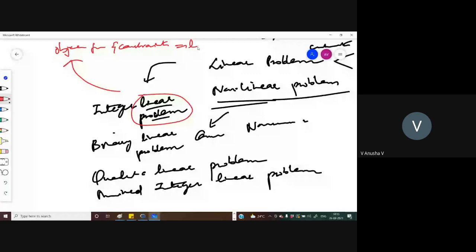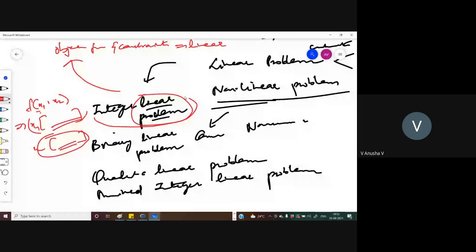and suppose if I am considering f of x1, x2, then I can say x1 will be having a set of integer values and x2 also will be belonging to set of integer values. It will not belong to all the other values, but only integer values will be considered. Then I can say this particular problem as integer linear problem, and binary linear problem is where x1 will be belonging to only two values, that is 0 and 1, and x2 will also belong to 0 and 1.